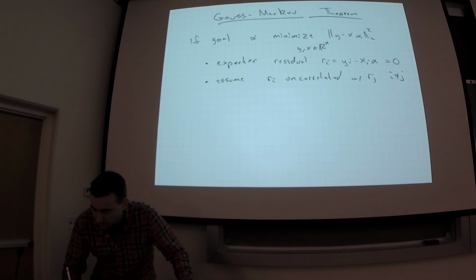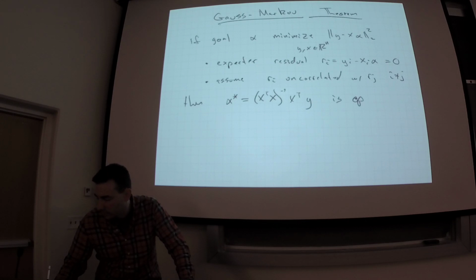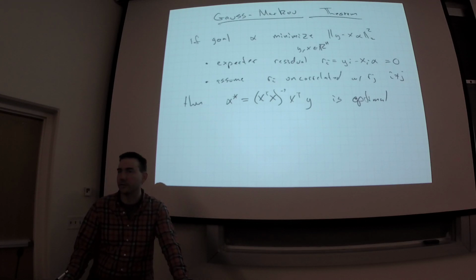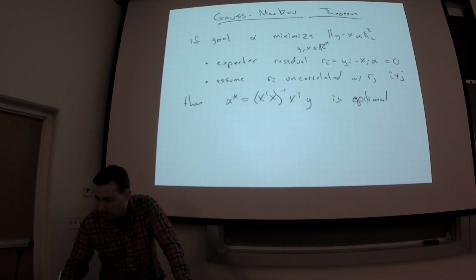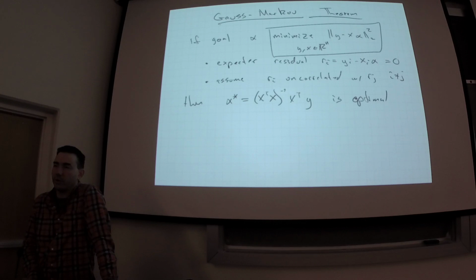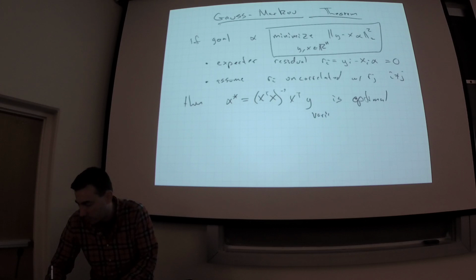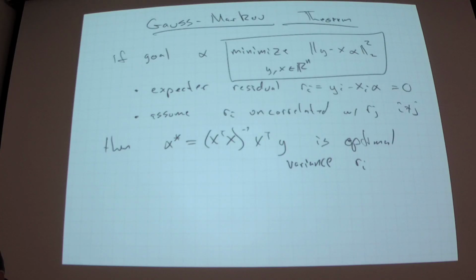Okay, then alpha star equals x transpose x inverse x transpose y is optimal, and it's optimal in the sense that it minimizes the sum of the squared errors, which means that the variance on the set Ri is as small as possible.